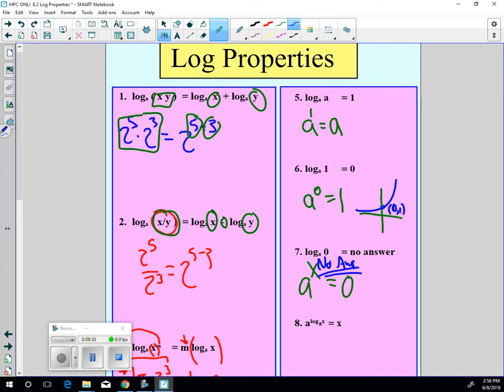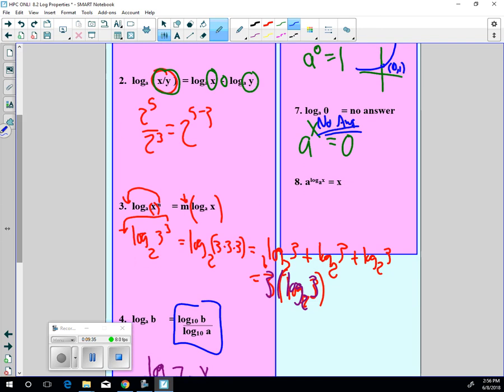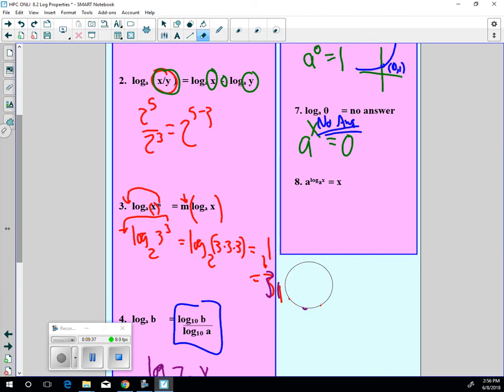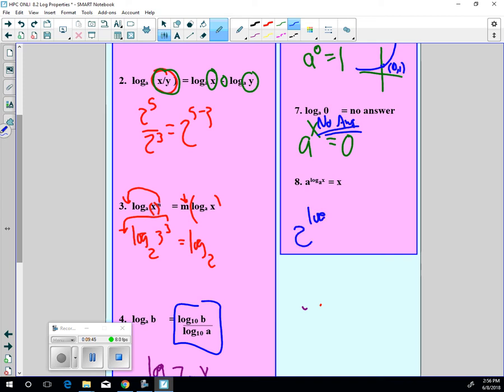This one we mentioned yesterday, and I just want you to start to get used to it. A to the log base a of x equals x. You can see this if you went 2 to the log base 2 of x equal to 7.